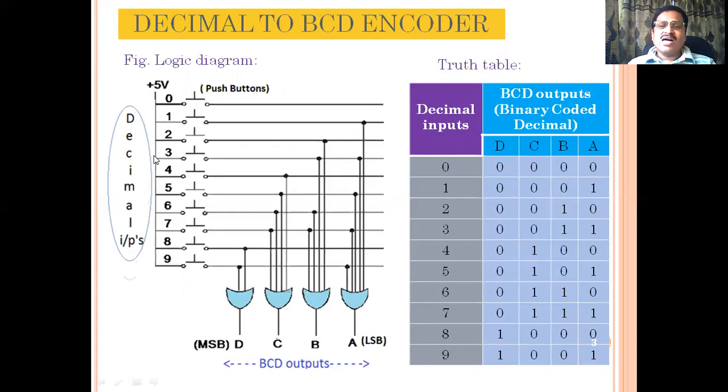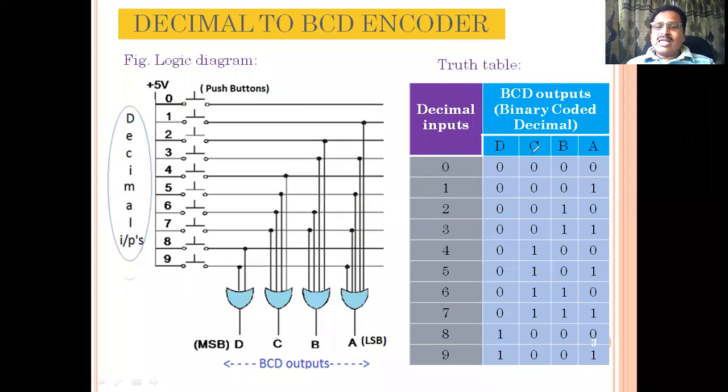Now the question left here is, how can we connect the decimal input lines to these OR gates? For the sake of understanding, see here, if you think about a truth table column-wise, bit by bit, MS bit D, then second MS bit C, then third MS bit B, and the last towards the right, the LS bit, you'll find binary bits 0 or 1 for each combination of decimal 0, 1, 2 up to 9.